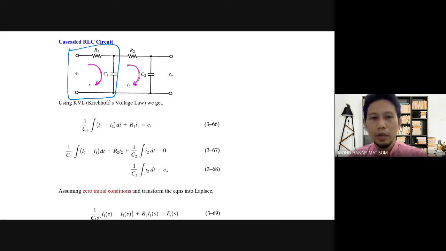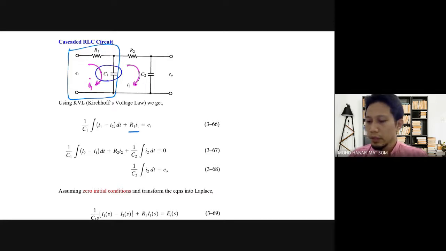What we have here is R1 I1, because the current we define in this loop is I1. So we have R1 I1, and then we have C1 over here.